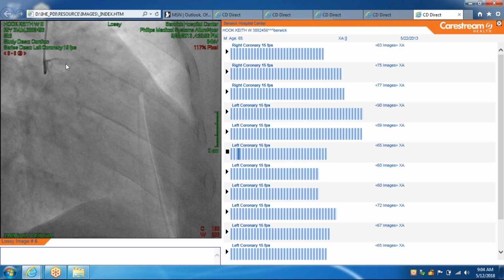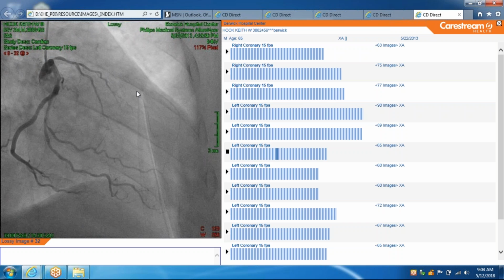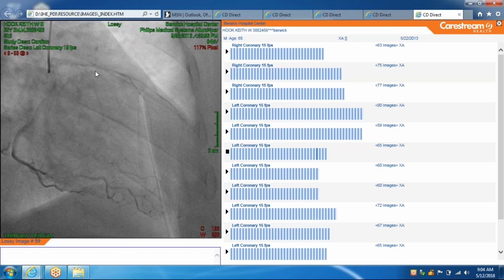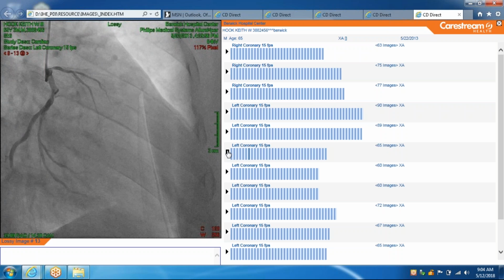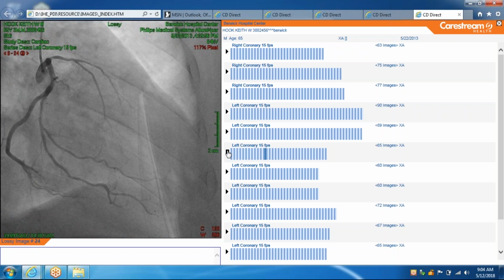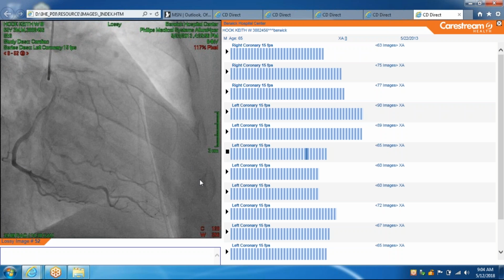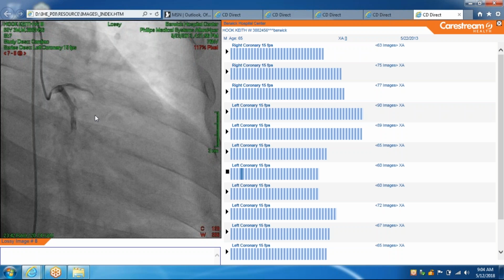Okay? So if you look closely, the LAD is supposed to come down here. See? So there's a proximal to mid occlusion of the left anterior descending coronary artery. This is actually the diagonal branch that we're seeing of the LAD. Let's look again.